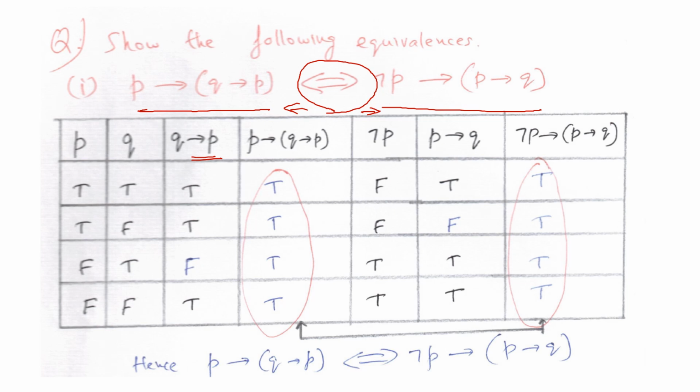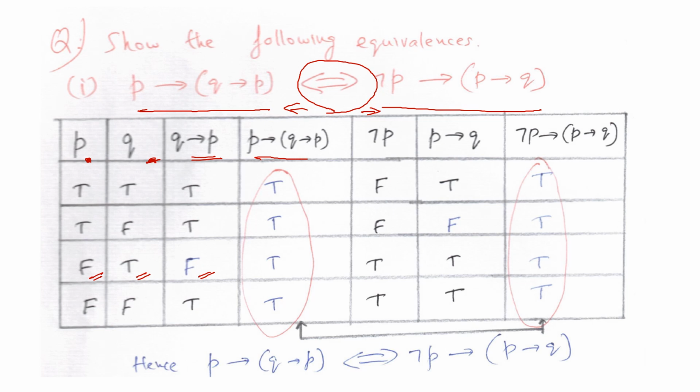So here first one means this Q, because here you see Q conditional P. So this is the first one and this is the second one. When the first one is true and the second one is false, then we get the result as false. In all the other cases, it will be true. So that is this Q conditional P.